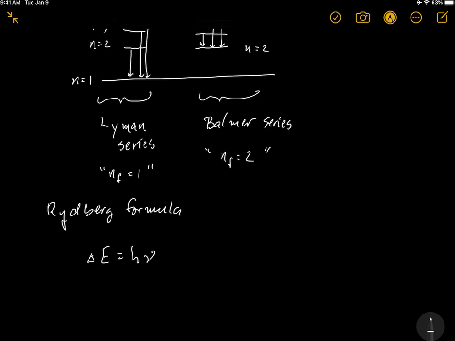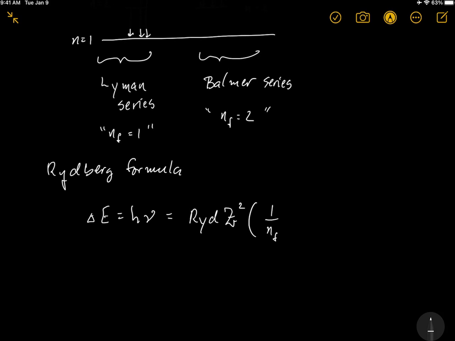So the photon energy is equal to the energy difference between these two levels, and that energy level difference is the Rydberg constant times z squared times 1 over nf squared minus 1 over ni squared, where nf and ni are the final and initial states of the transition, and ni is greater than nf.